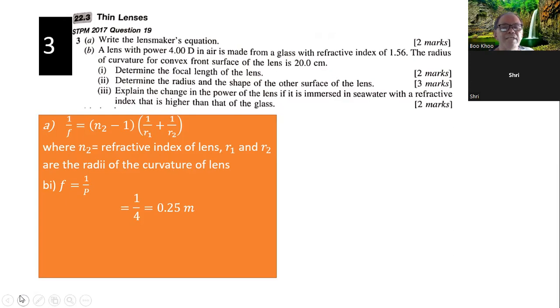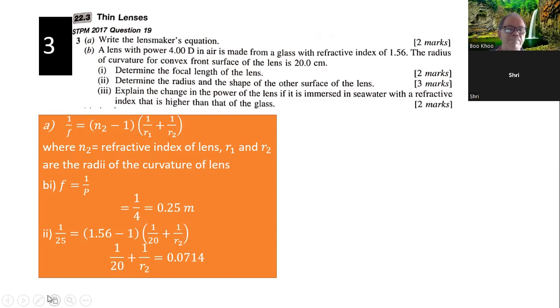Then the radius of curvature, with all the clues given, n equals 1.5. And then can you find the value? Yeah, that's all. Calculate it out.